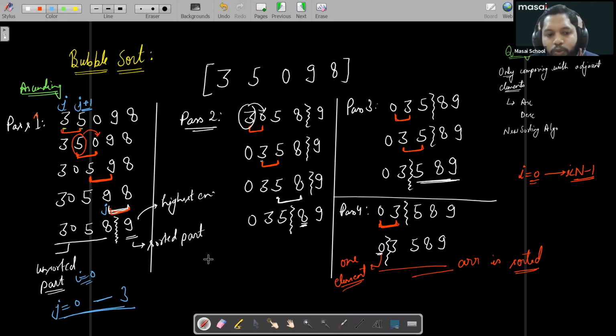What about pass 2, when i equals 1? I am starting from j equals 0 again and going till this point only. So that is 0, 1, 2. Got it? This is j and this is j plus 1.